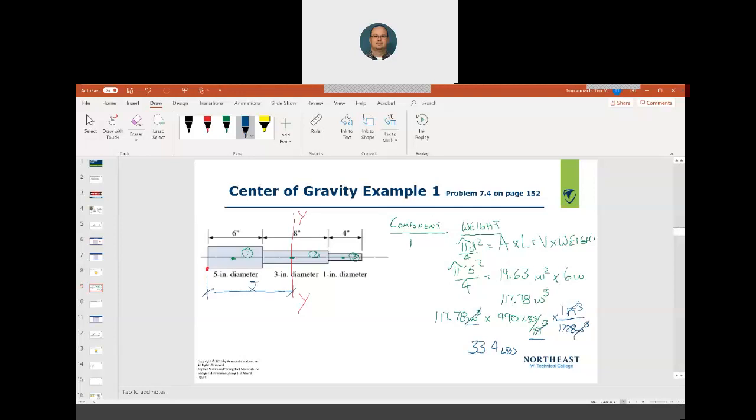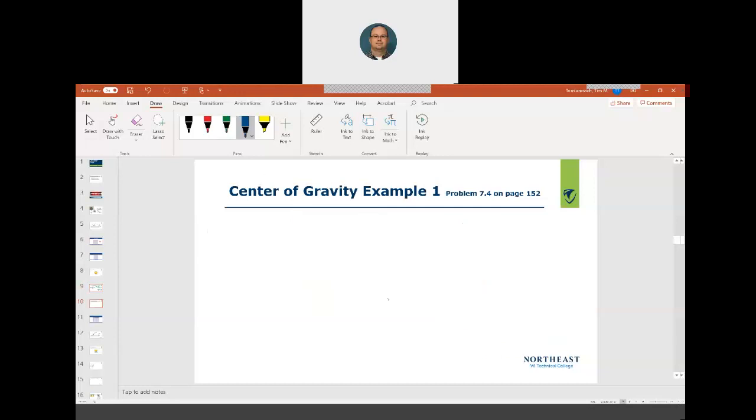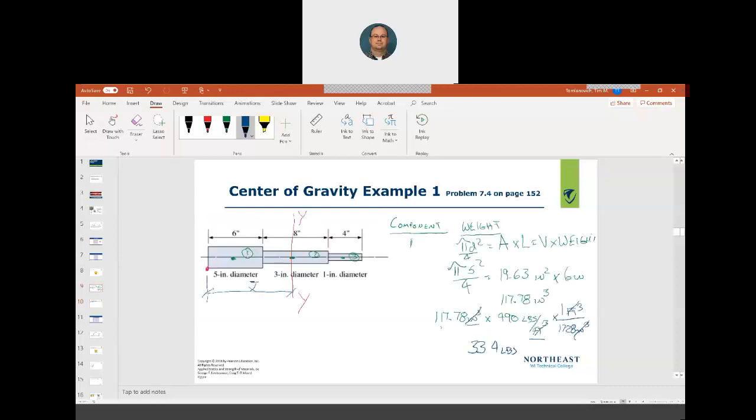Now we're left with pounds. So 33.4 pounds. So I'm going to make this nice table on the next sheet here. Component 1, weight. So if I look back, 33.4 pounds.